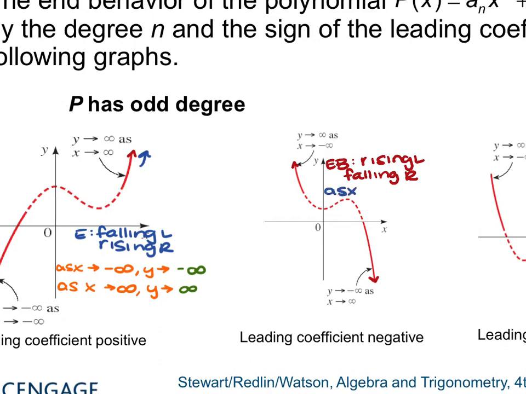So as x goes to negative infinity, what's the line doing? It's going up, so y goes to positive infinity. And as x goes to positive infinity, so it goes to the right, what's happening with our line? It's going down, so y goes to negative infinity.